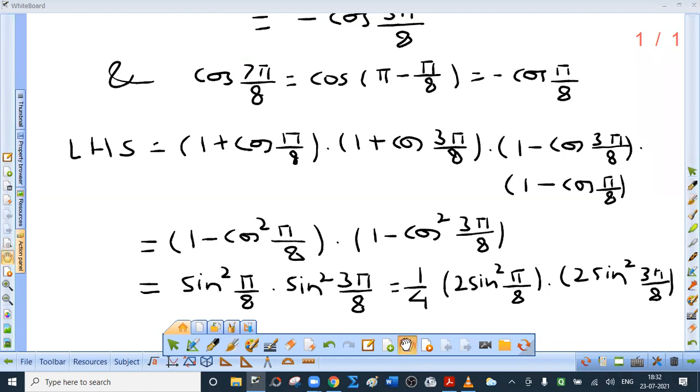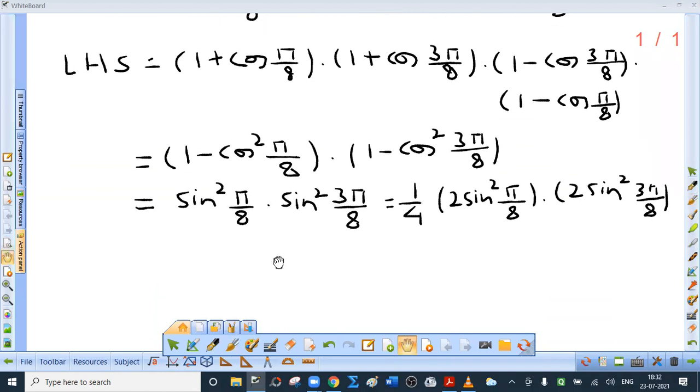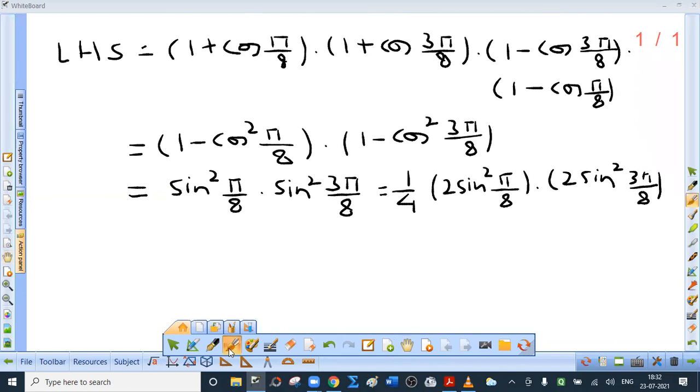That is why I insist on the formulae part. Let me mention the reason first: 2 sine square theta is 1 minus cos 2 theta.